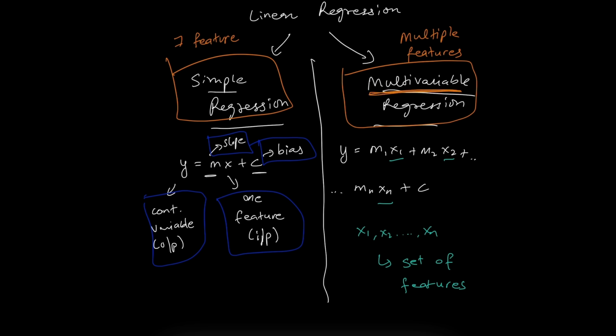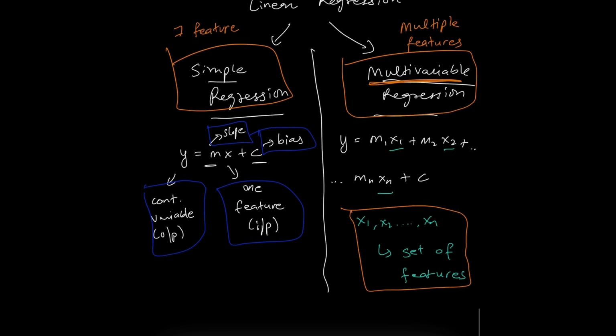And this set of features is something we are already giving to the model. So our data set has multiple features which we give to a model, and then we expect the model to give us a prediction from these given set of features. So that is our y, which will be our prediction, same as the simple regression.